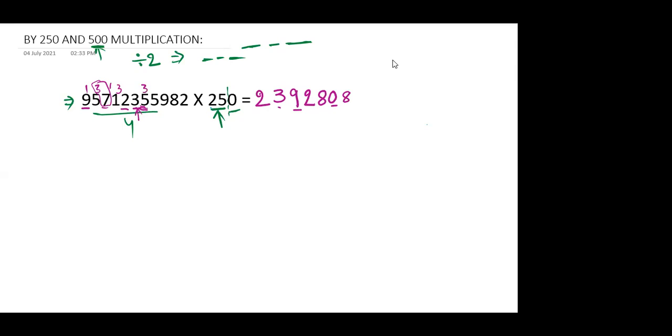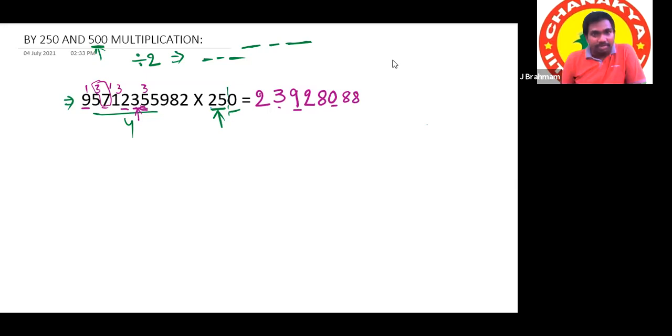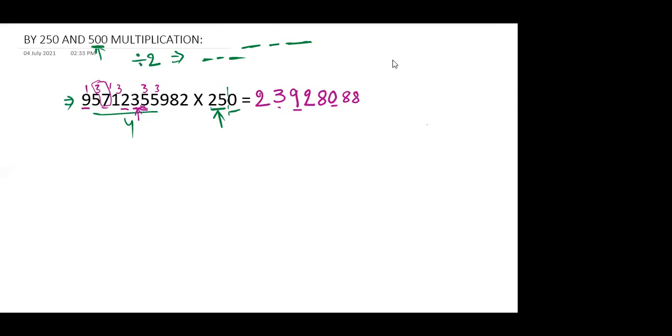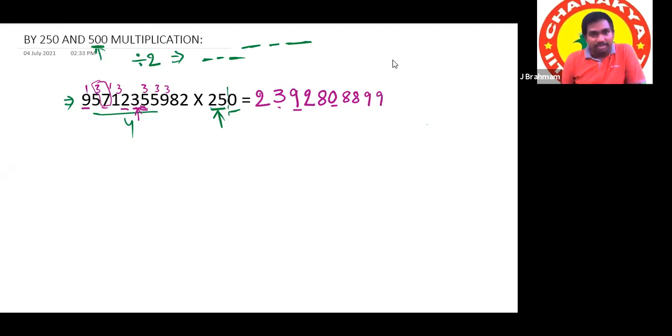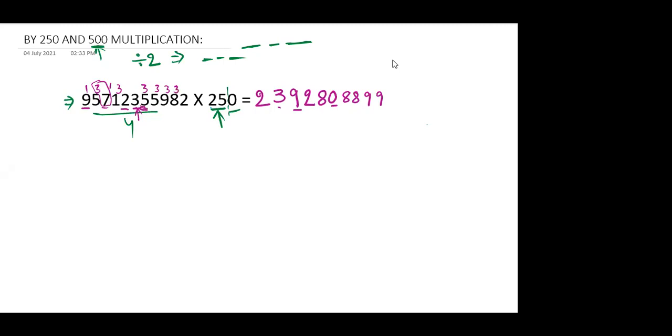Again 35, then 4 8s are 32, again with 3 remainder. Then we got 39. 4 9s are 36, again 3 remainder. And then 38 we got. 4 9s are 36, again 3 remainder.